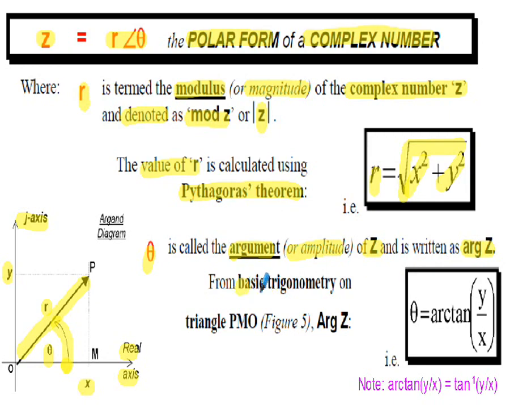We find theta from basic trigonometry, so for the diagram on the left hand side here, theta would be the arctan, that's the inverse tan, of y, the vertical dimension from the j-axis, divided by x, the horizontal dimension on the x-axis. Note that arctan y divided by x is equivalent to tan to the minus 1 of y divided by x.